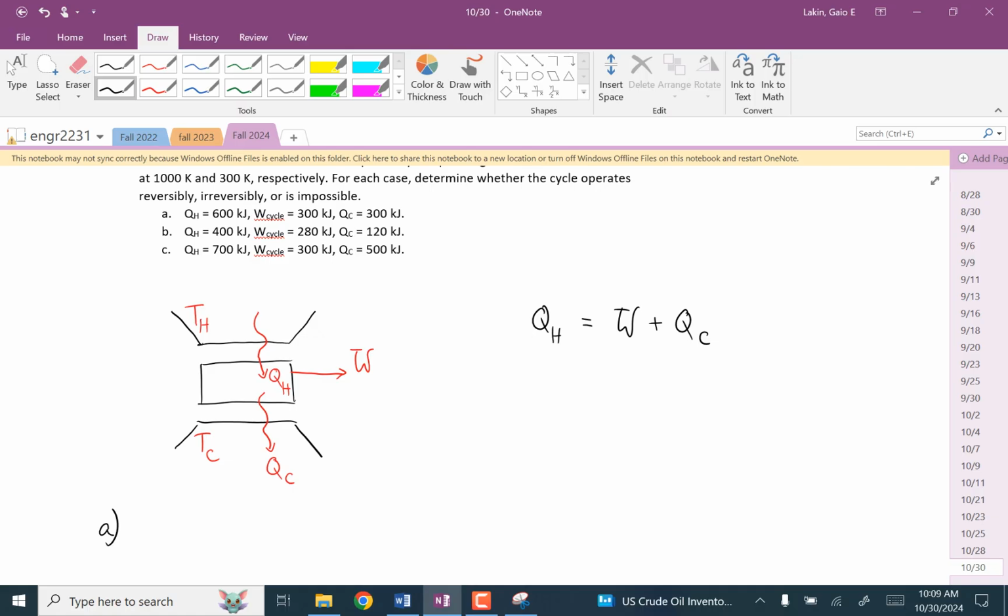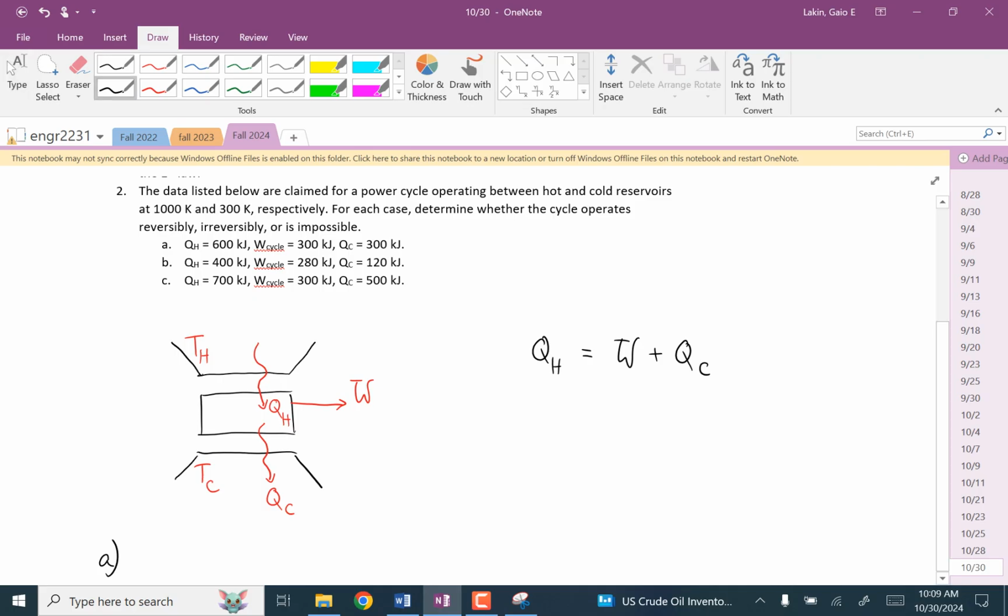We're given these temperatures. So the efficiency of a power cycle is 1 minus QC over QH.